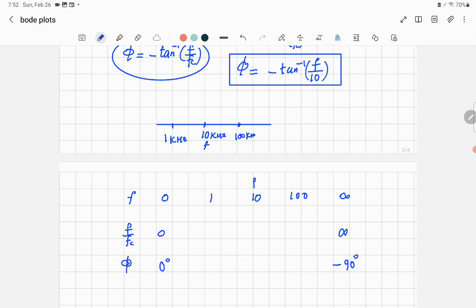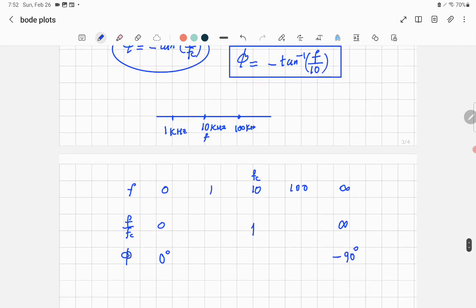Now you look for the one at the corner frequency, which is 10 kilohertz. What happens when f is equal to 10 kilohertz? You divide f by fc, and in this case it will be equal to 1. What is the angle whose tangent is equal to 1? That's 45 degrees. So it's negative 45 degrees. So you know it's from 0 to negative 90, and at fc, at the corner frequency, negative 45.